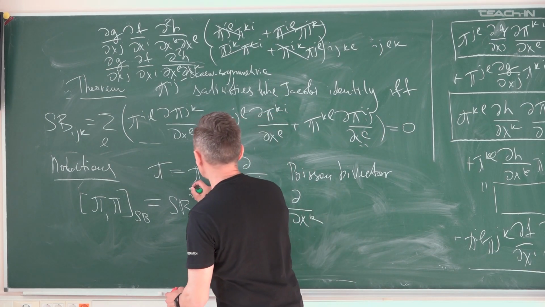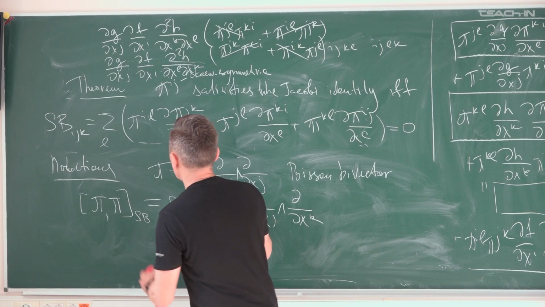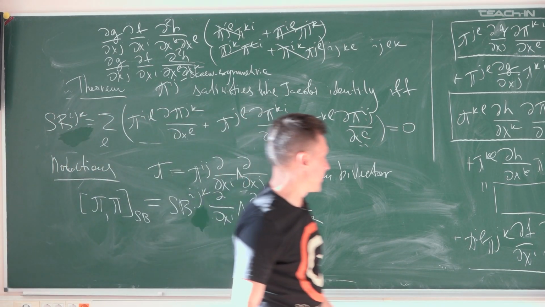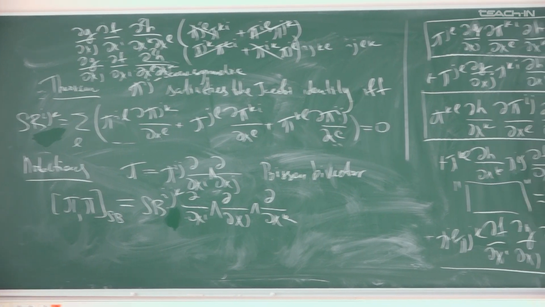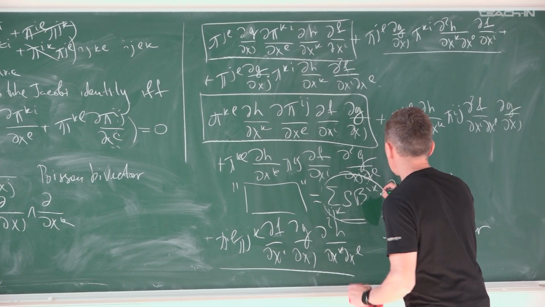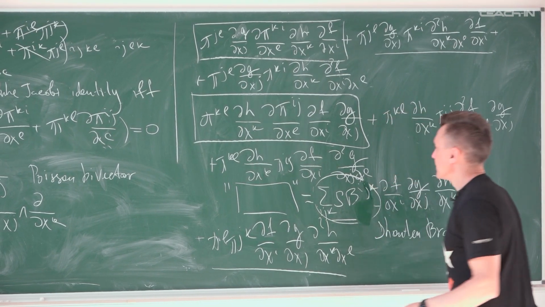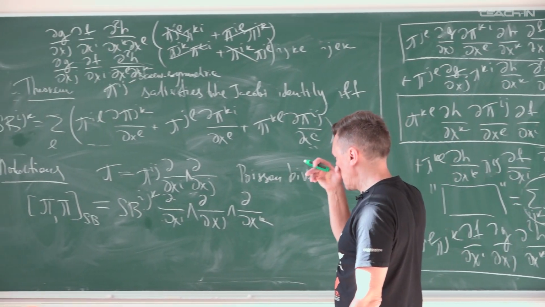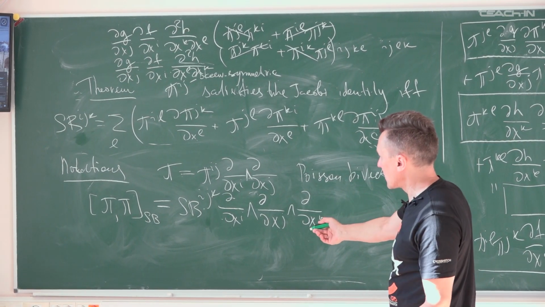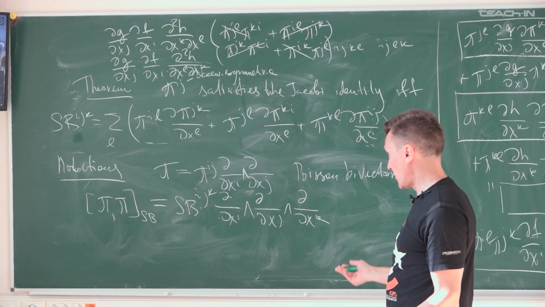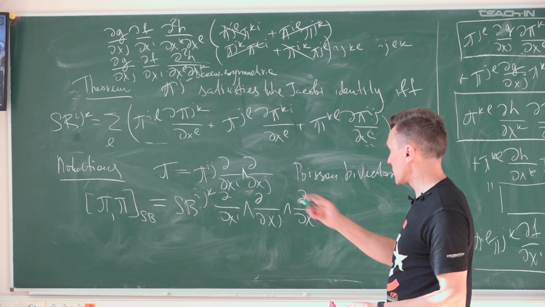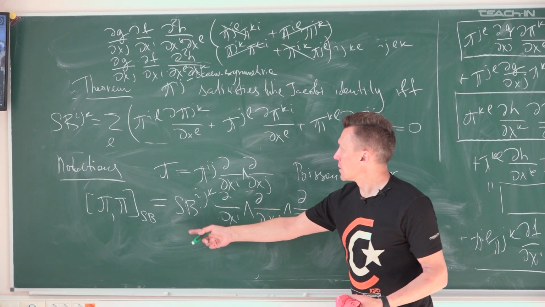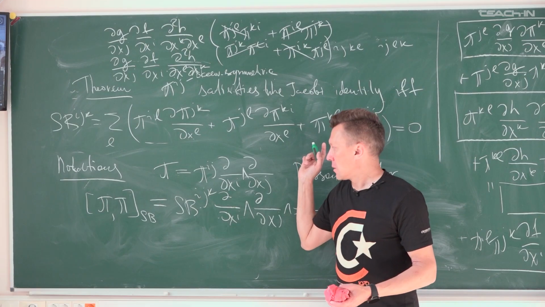It is much better to write upper indices here. So there is some operation on vectors and bivectors, which is called this Schouten bracket, which is calculated in our case by this expression.